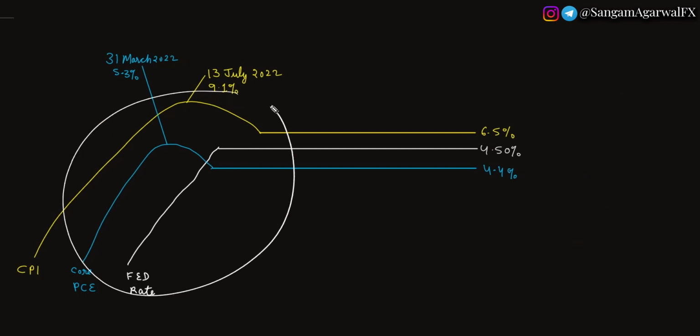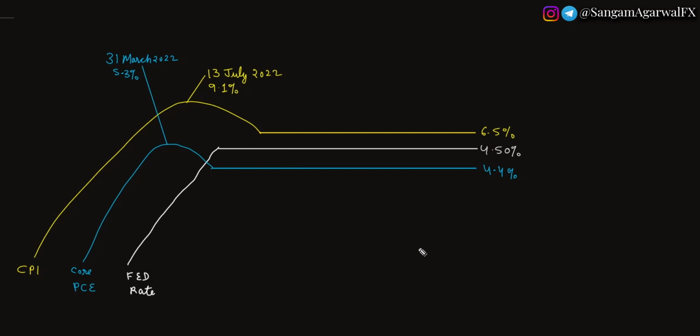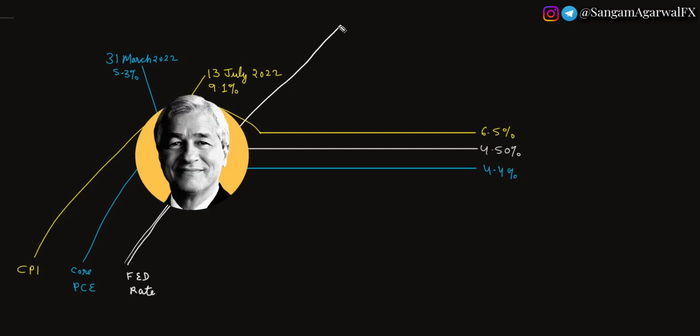And this entire graph is based on the past, and if you look at the future, then the interest rate will go something like this, because Jamie Dimon, CEO of JP Morgan Bank, said that it will go to 6%, but CPI is coming down and all the macro traders are waiting for 4%.